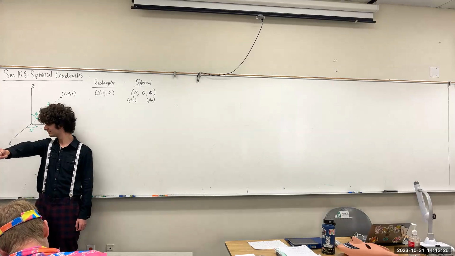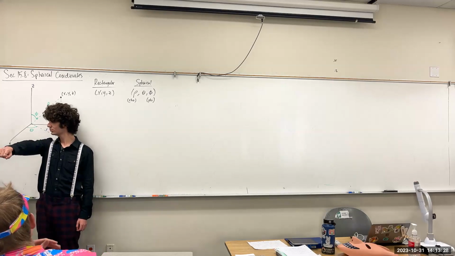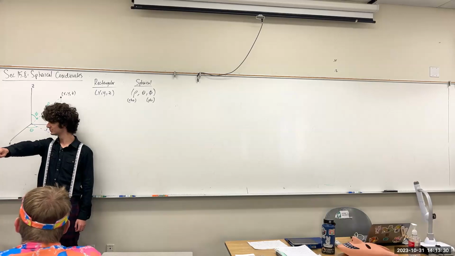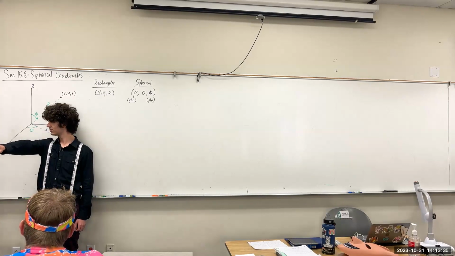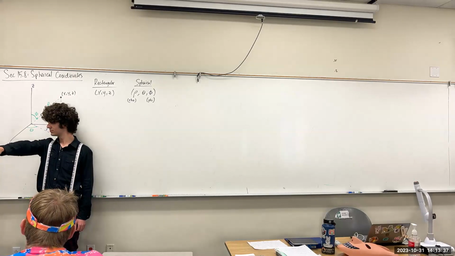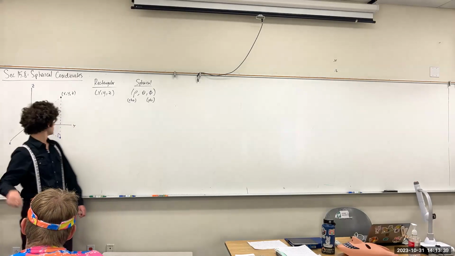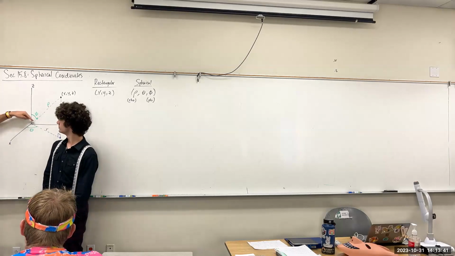Starting from the origin up at the z-axis, it rotates downwards like this, so that when it rotates downwards, it's pointing towards the corner. That's what this motion is doing.